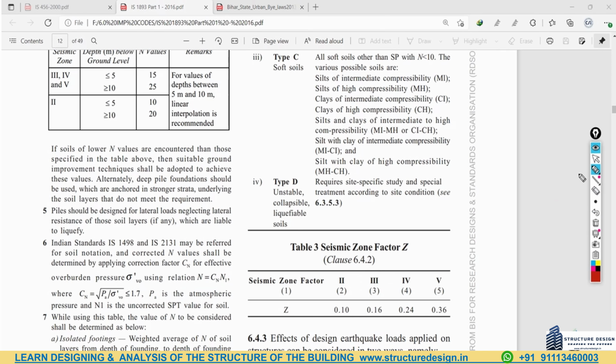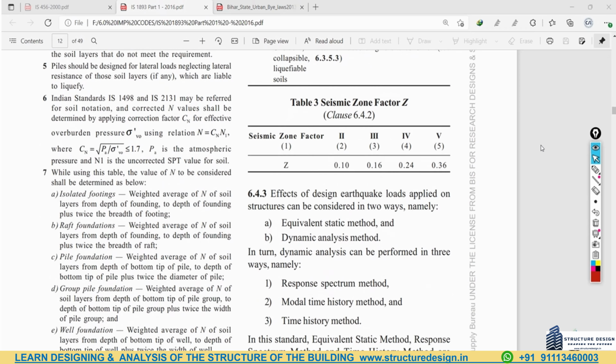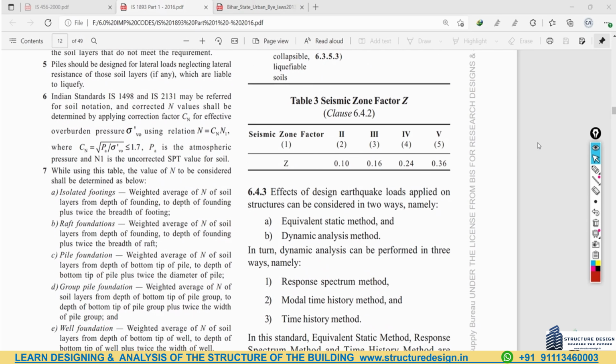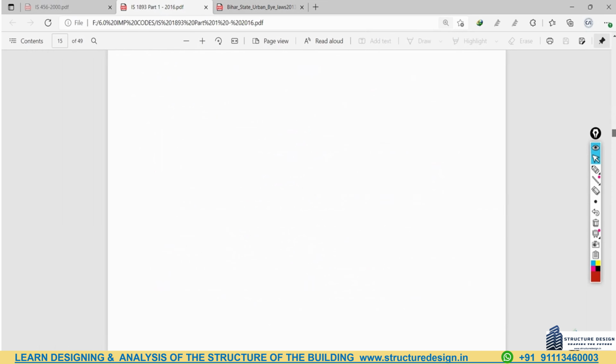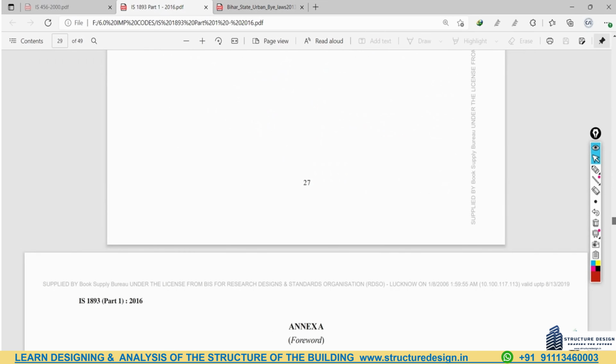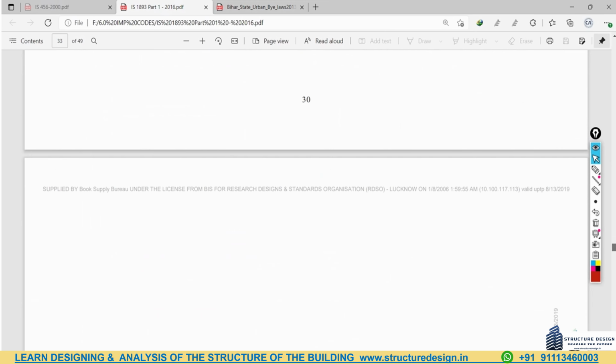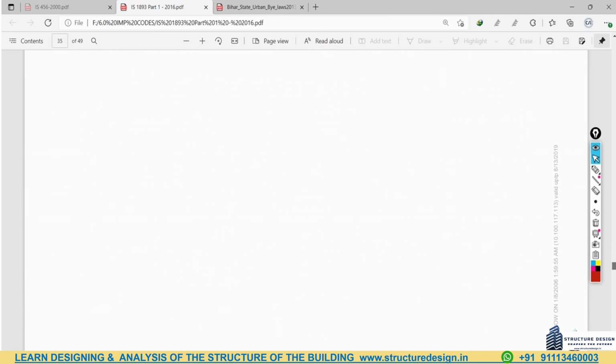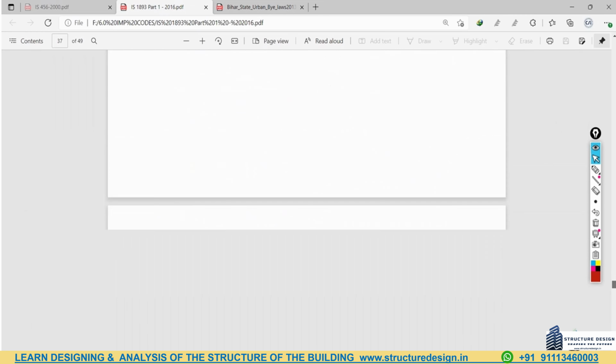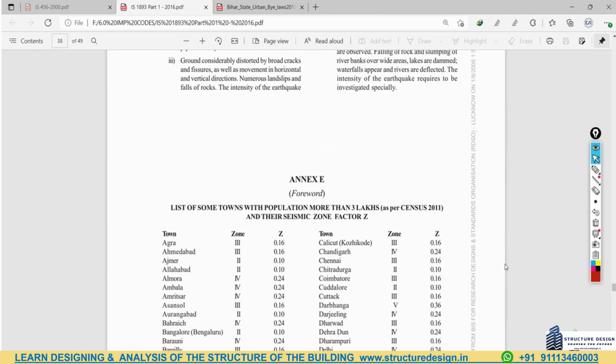We have a different factor for different zones. So the first thing you have to do is find out which zone the building you are doing will come under. I will show you once again the particular table from where you can find out. When you come below, you will find one table where the zone is also written.